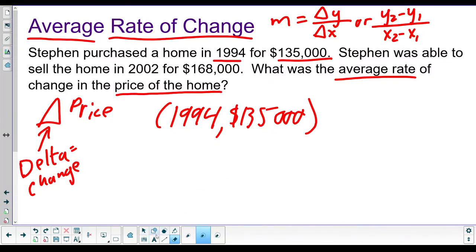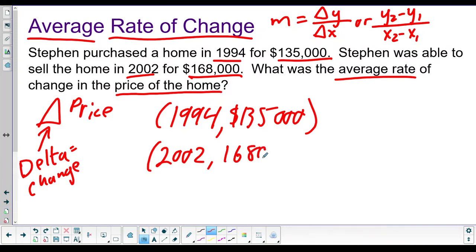Maybe I'll erase it for clarity. Then we need to figure out the ending value. In 2002, his home was worth $168,000. So 2002, $168,000. Now we're going to just plug these into our formula.